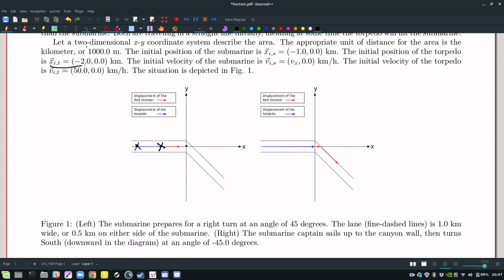So the initial position of the torpedo is -2 kilometers, whereas the initial position of the submarine is 1 kilometer back. And those are positions relative to the origin, and both the torpedo and the sub are going to arrive right here at the canyon wall, which is to the right of the origin.